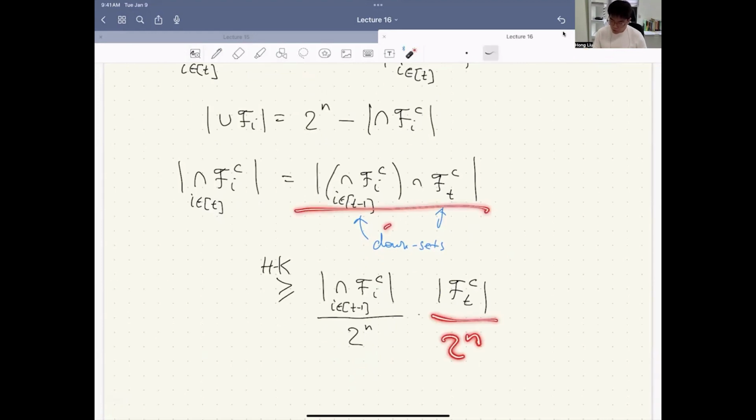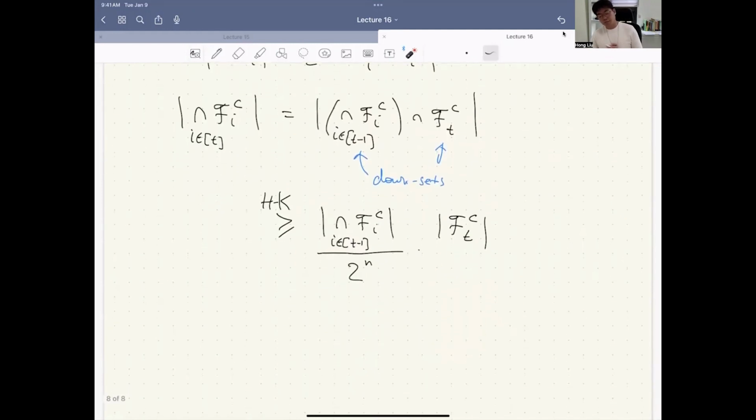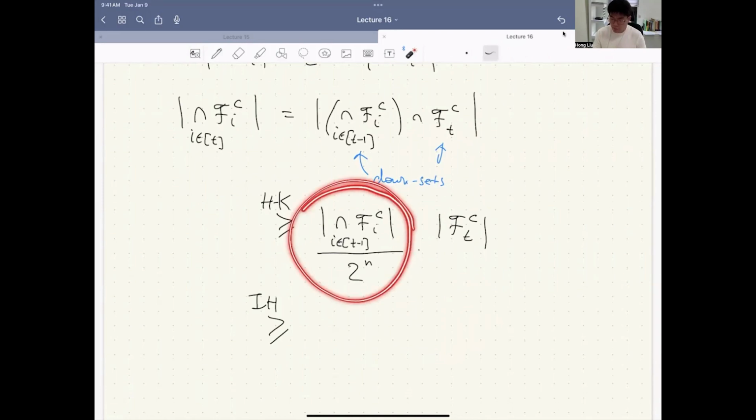The original inequalities are like this, right? So we cancel this factor. This is Harris-Kleitman. Now we can use the induction hypothesis on this guy.